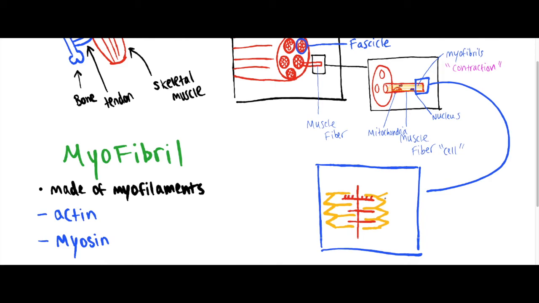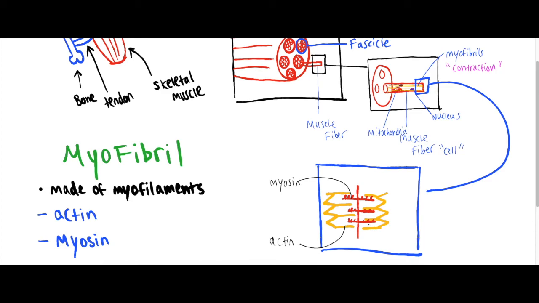What they do is they attach to the actin filaments. So let me label that. This is called the myosin filament in red, and in orange or yellow, these are called the actin filaments.